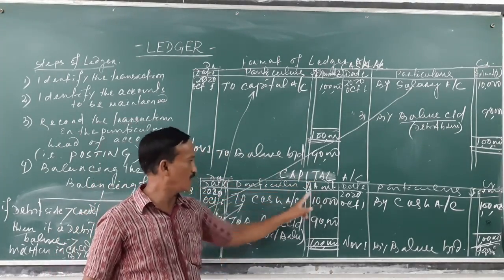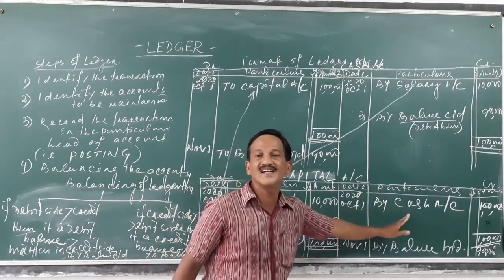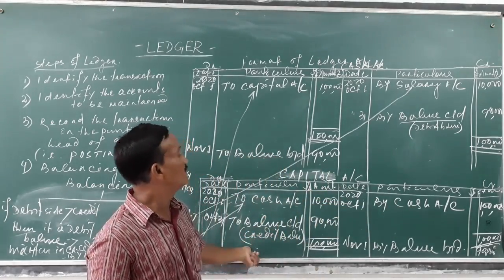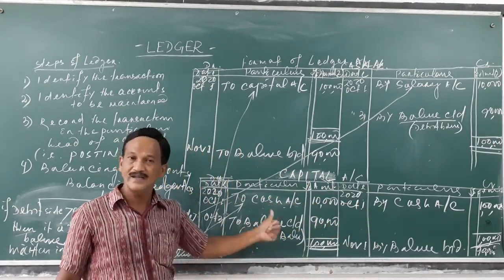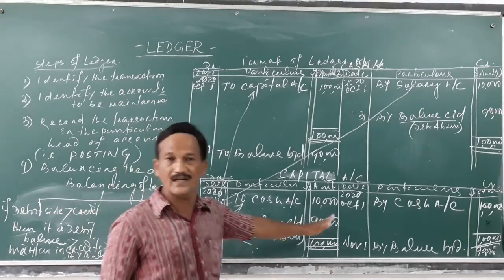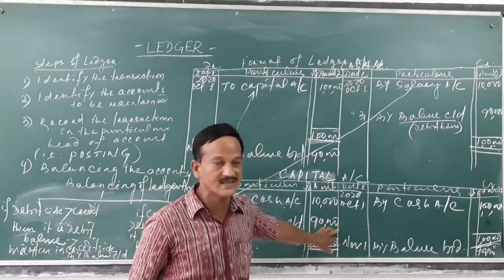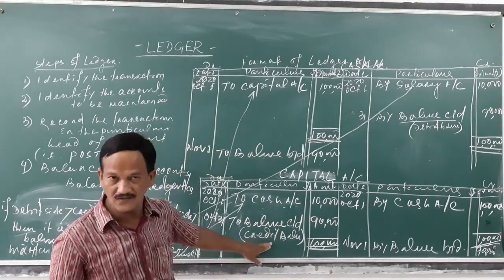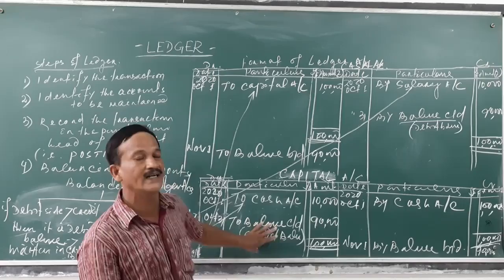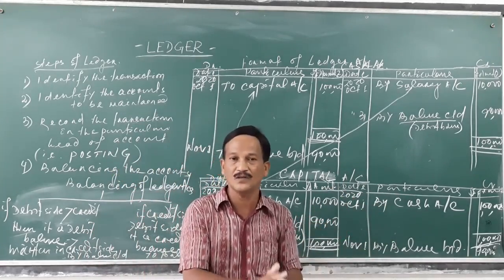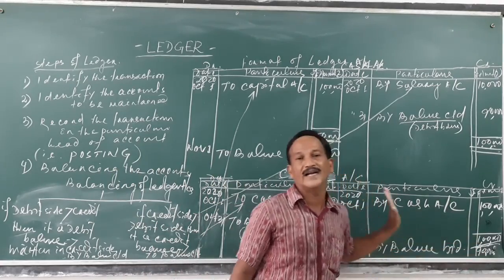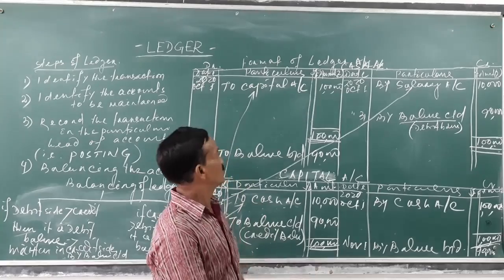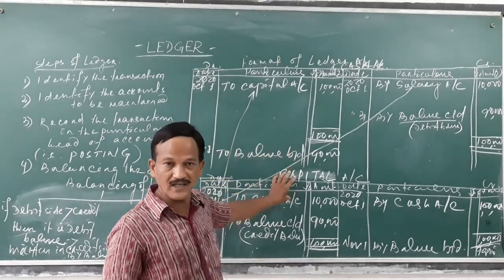Likewise, in the capital account the credit side is more than the debit side, so the excess of credit over debit is retained in the debit side, to balance carried down, 90,000 rupees. That is called a credit balance, and this amount is again brought forward at the beginning of the next month, on November 1, by balance brought down, 90,000 rupees.